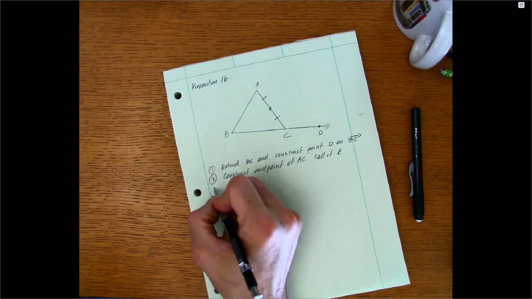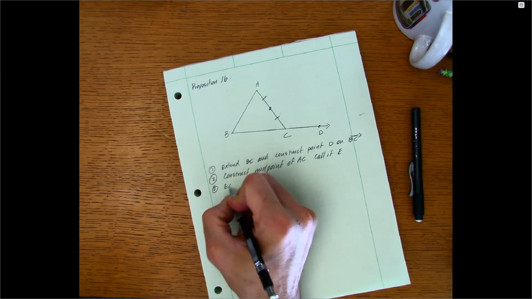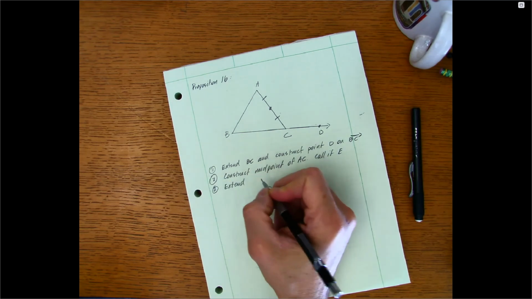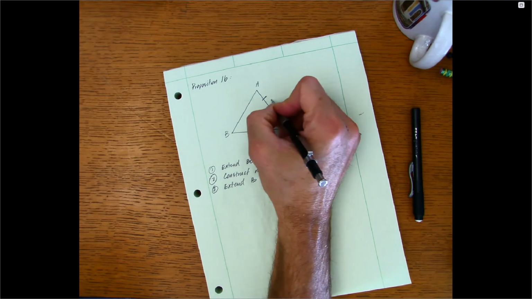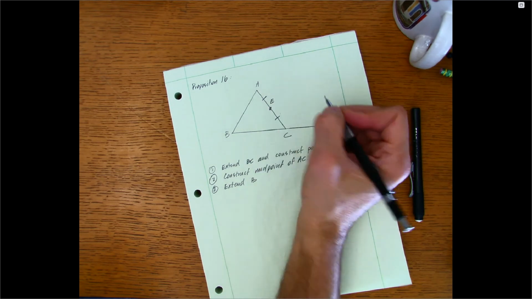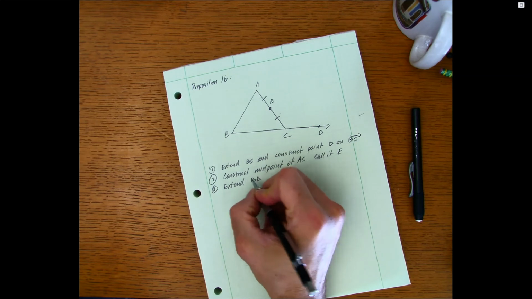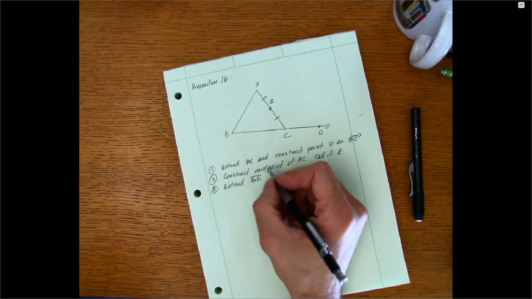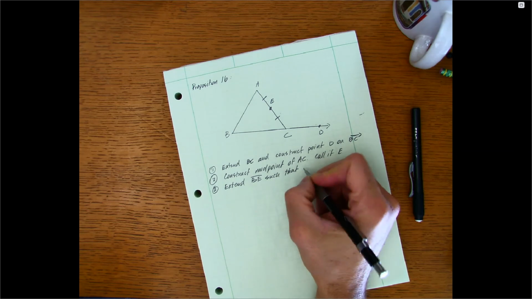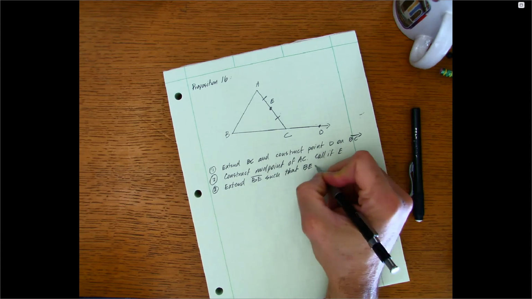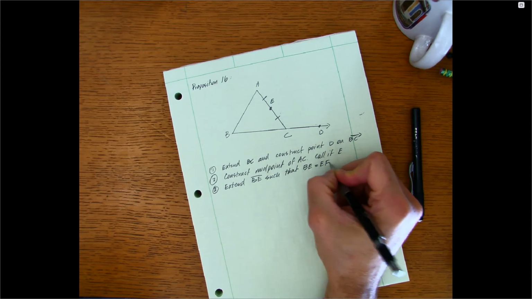And then number 3, he says extend BE such that BE equals EF.